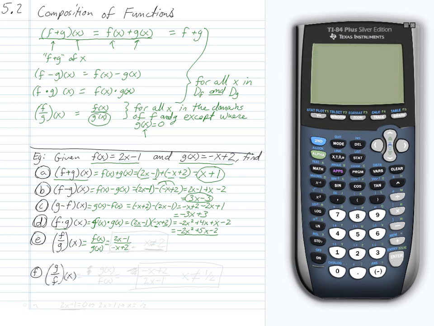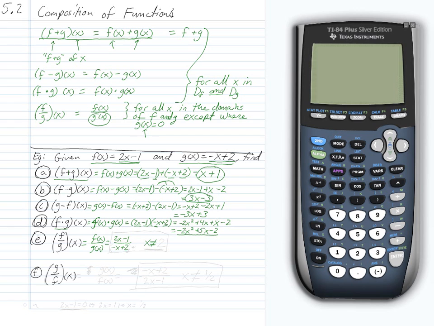So the only thing left to say is, what can't x be? What is the restriction? Well, x could be anything that we're allowed to plug into f or g. And remember, those are both lines, those are both linear, and there are no issues with any x values, so that would be all real numbers in both cases.